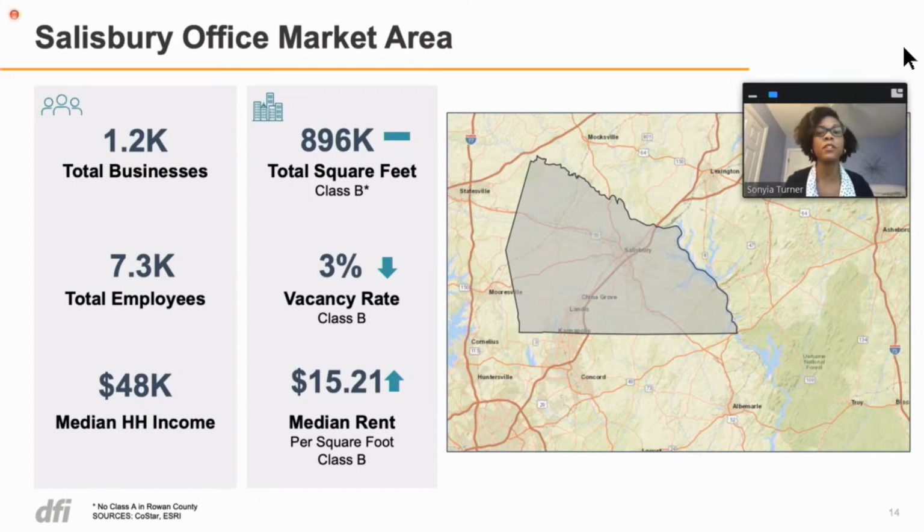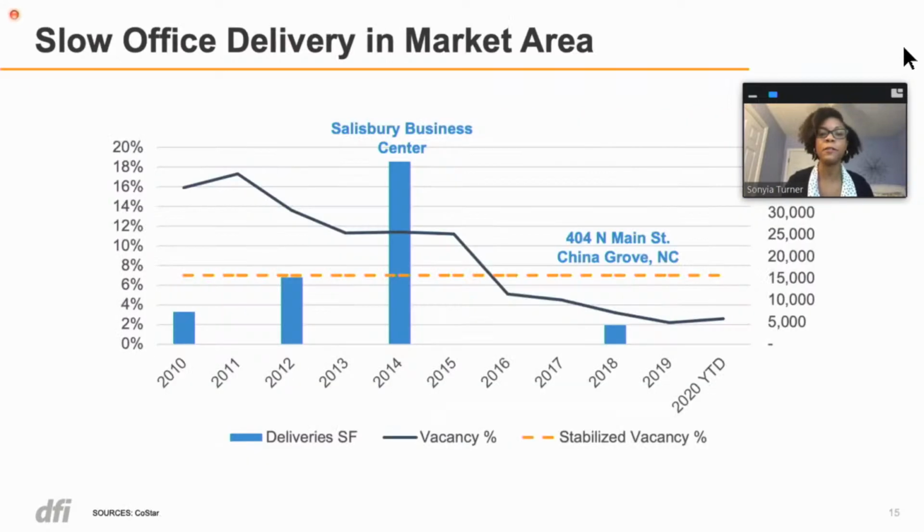A couple things to note. 49% of the county's office-prone businesses are located within the city of Salisbury, and 61% of the county's office workers are employed within the city of Salisbury. So Salisbury City itself is a hub of sorts for a lot of office-prone industry in this market area.